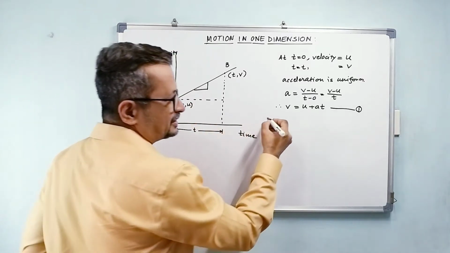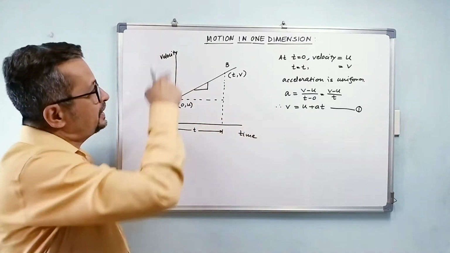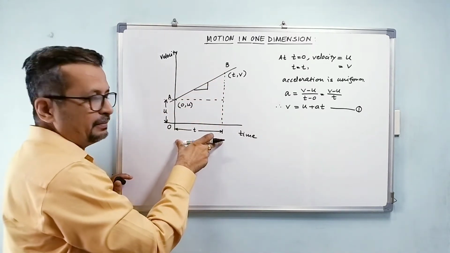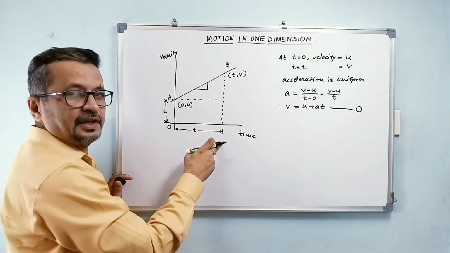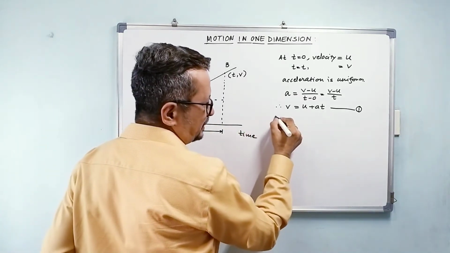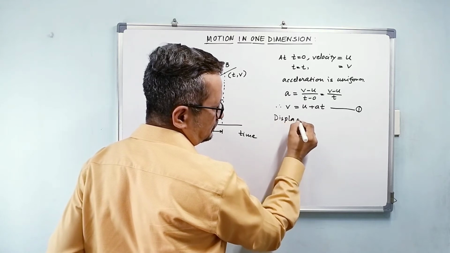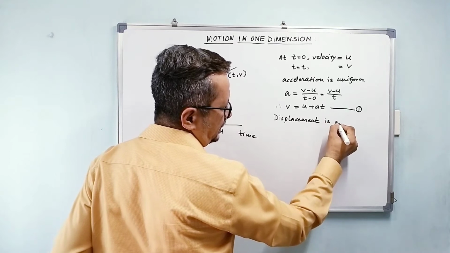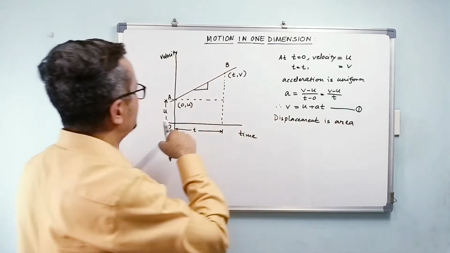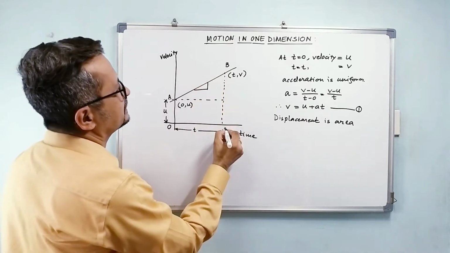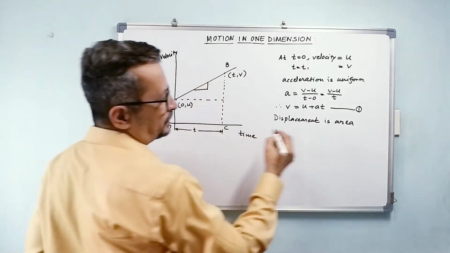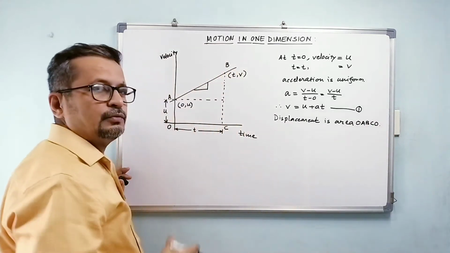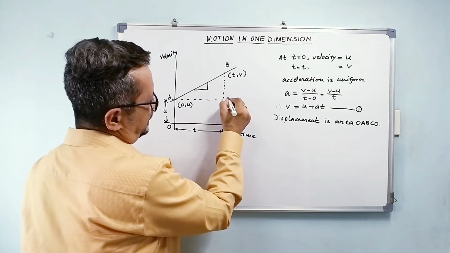Displacement is going to be the area under the line AB between the limits t equal to 0 and t equal to t. So displacement is the area OABC. Is it not this area?